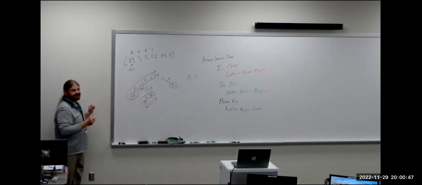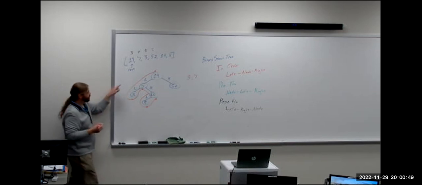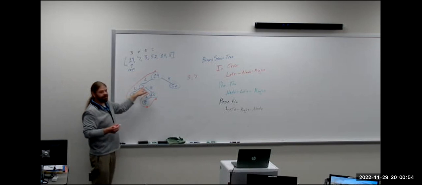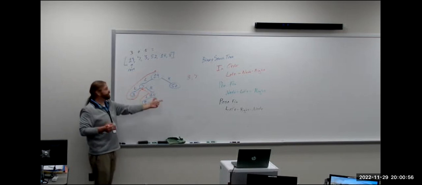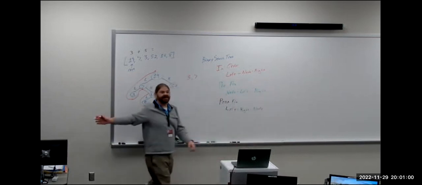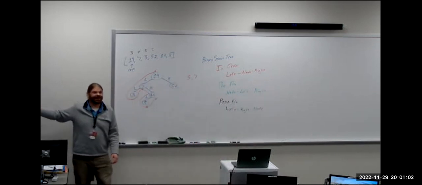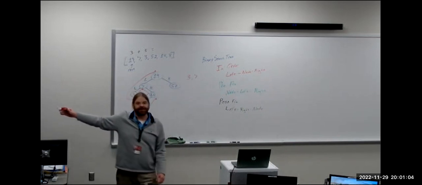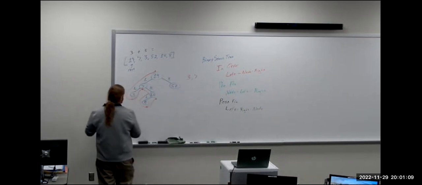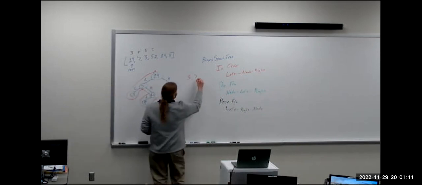Does that make sense? So go left as far as you can, then start coming back, grab a node. And as you go to the right, you have to repeat that process. If there's a spot where you can go to the left, you have to do so again. Every time you go to the left, you have to go left as far as you can and then come back. So 8, 14.